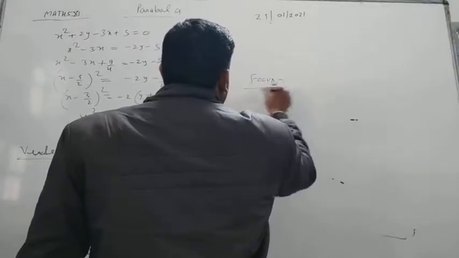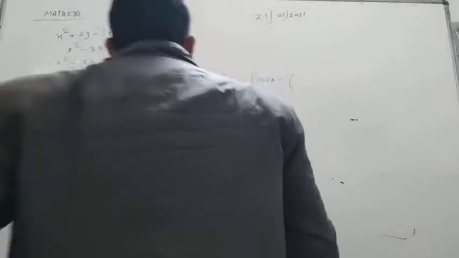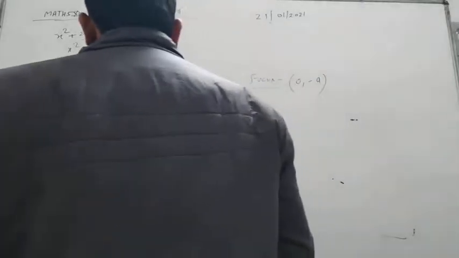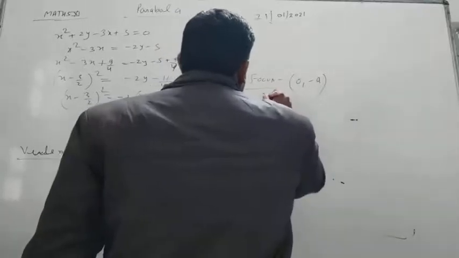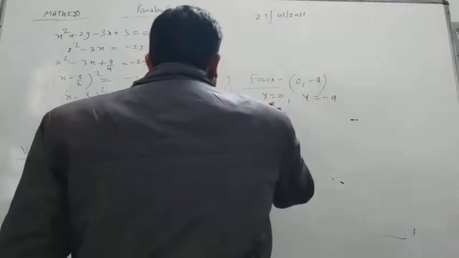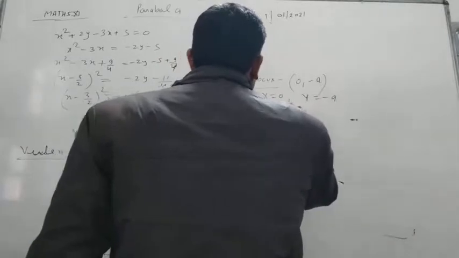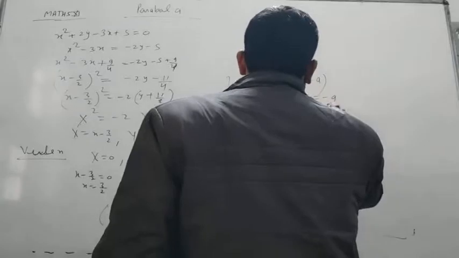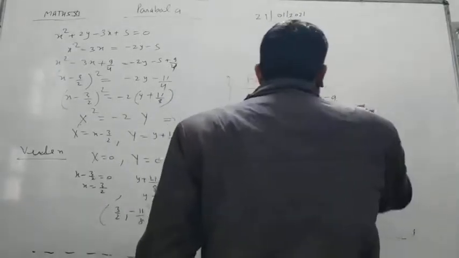So focus is, student, for X square is equal to minus 2Y, this is 0, minus a. So capital X is 0 and capital Y is minus a. So x minus 3 by 2 is 0, so x is 3 by 2, and y plus 11 by 8 is minus a, where a is 1 by 2.